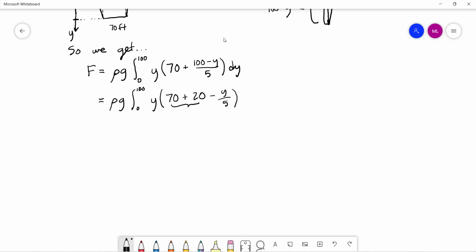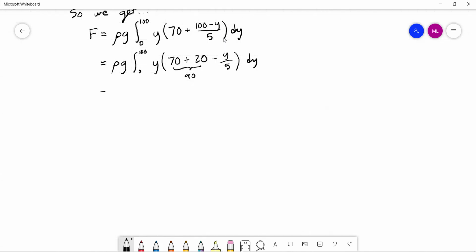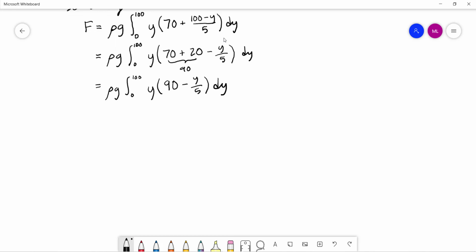And so these are just going to give me a 90, and I have fewer terms to deal with when I integrate. I'd rather do the algebra ahead of time and save myself some trouble with integration here. So I've got y times 90 minus y over 5 as a cleaned up version of that.